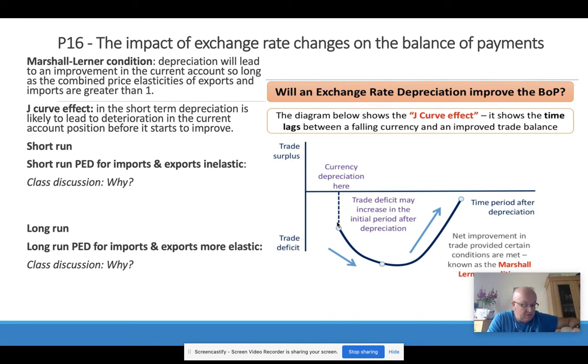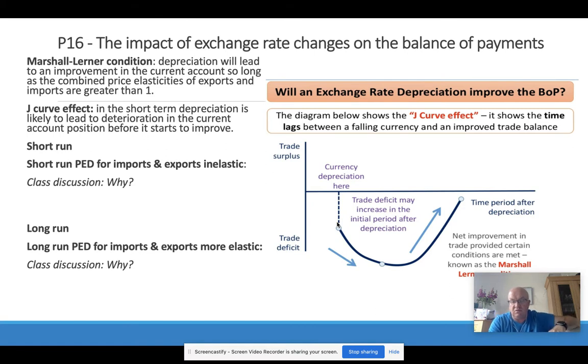So obviously you can go away and do a little bit of internet research and take a look in your booklet. There is actually on the flip side of the page we just talked about a little bit more detail on the J-curve effect and also on the Marshall-Lerner condition. So take a look at those notes, highlight them as you see fit. And then obviously we can come back and discuss both the short run and the long run issues once you've had a go at completing that yourself.